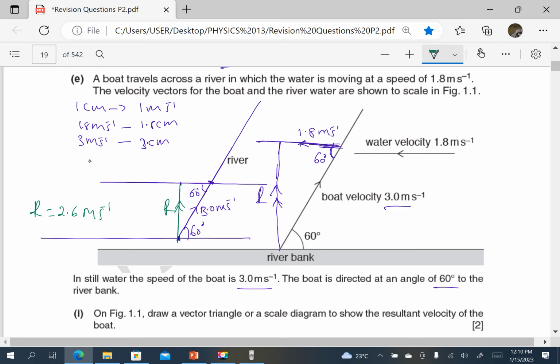You may not be accurate to get exactly 2.6, but at least it is approximately that. You could have used a scale which multiplies 1.8 by 2 to get 3.6. That is, you could say 1 centimeter represents 0.5 meters per second.